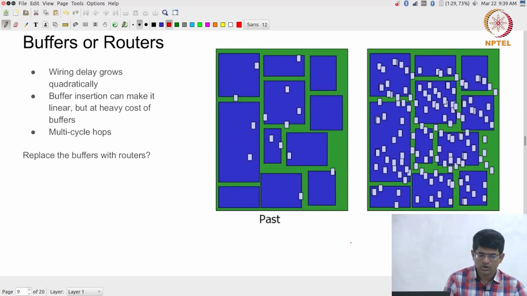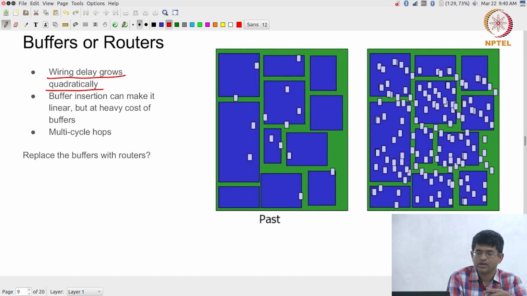A related thing, which is also part of the motivation for this, is simply this observation. Wiring delay essentially grows quadratically, right? Why? Because as we move to smaller technologies, the current delivery capabilities are first of all decreasing, but more importantly the capacitance, right, because the vertical height sort of remains the same, the thickness reduces, right?